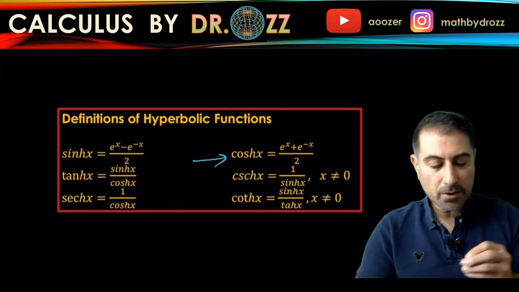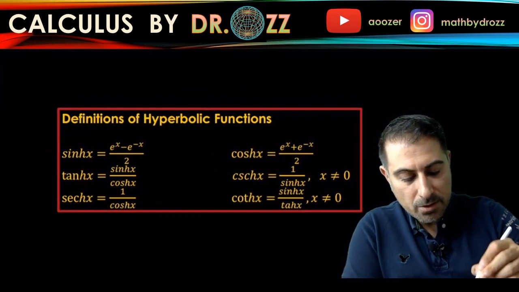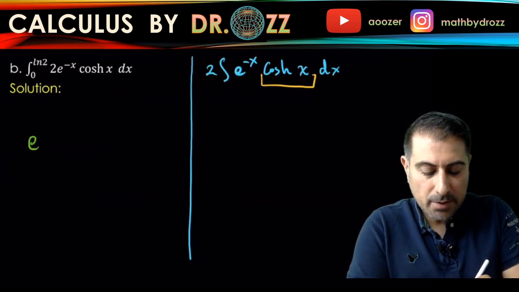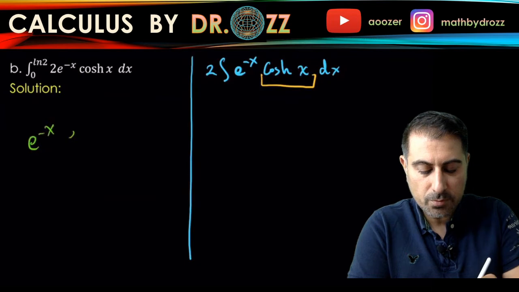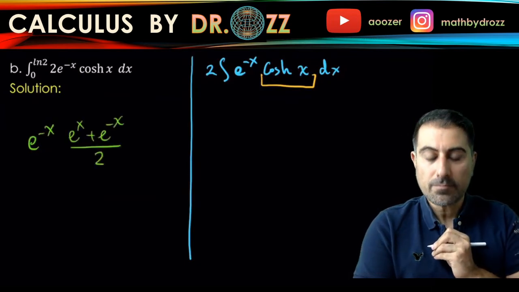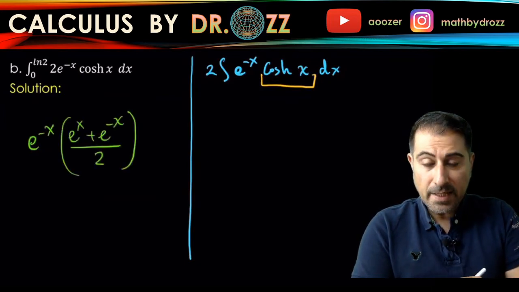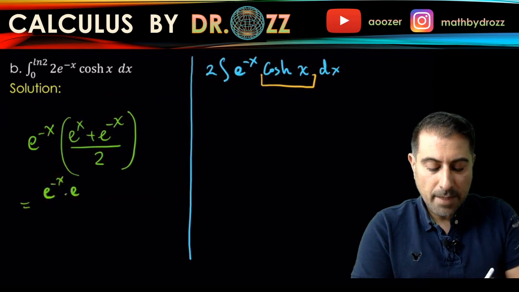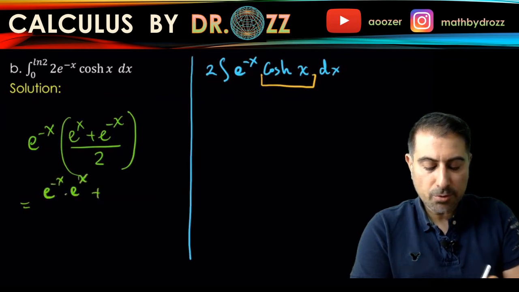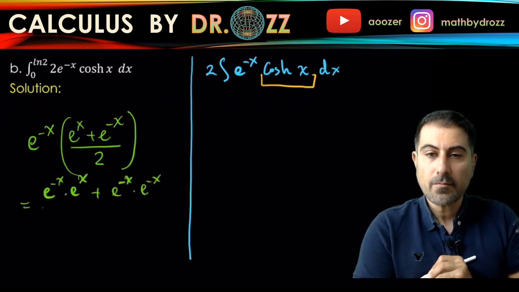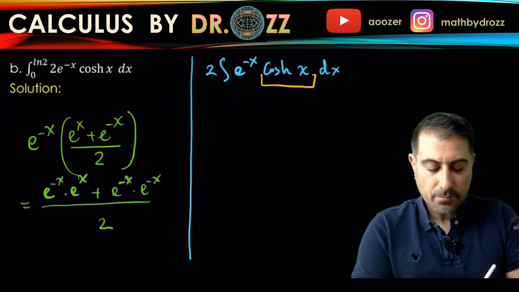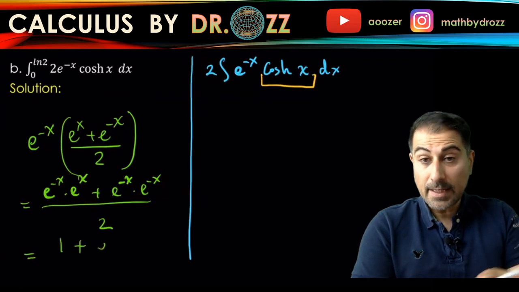So going back to here, let me spend a little time to simplify the integrand. e to the minus x times e to the x plus e to the minus x over 2. If we expand this through, you have e to the minus x times e to the x plus e to the minus x times e to the minus x, over 2. And this is equal to, well, e to the minus x times e to the x is 1.